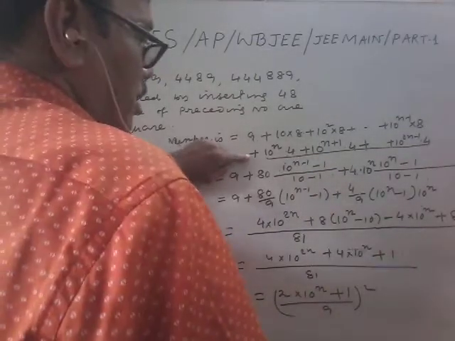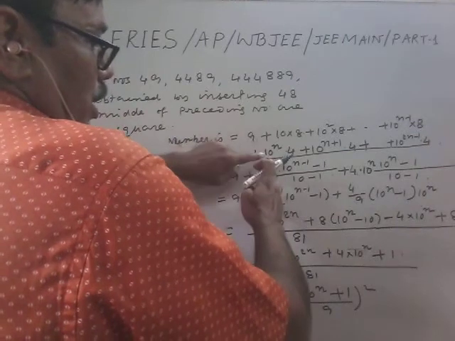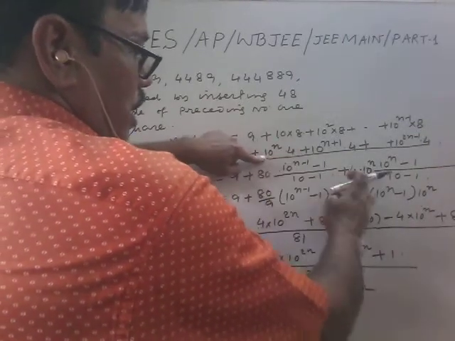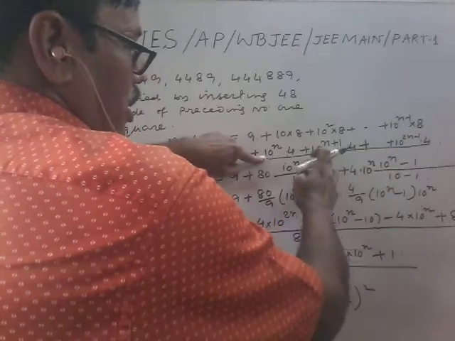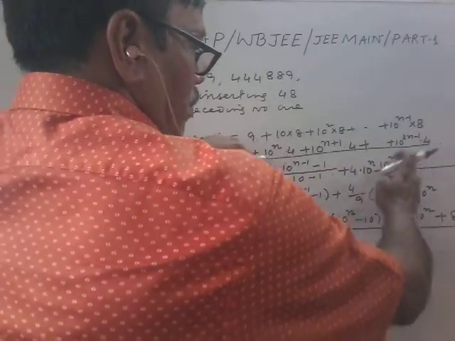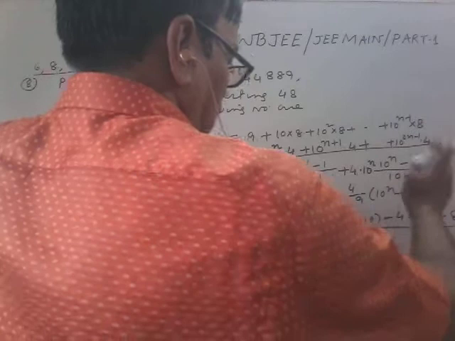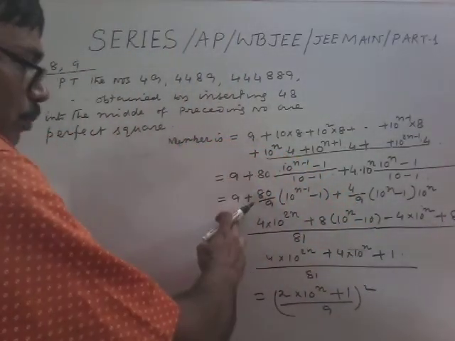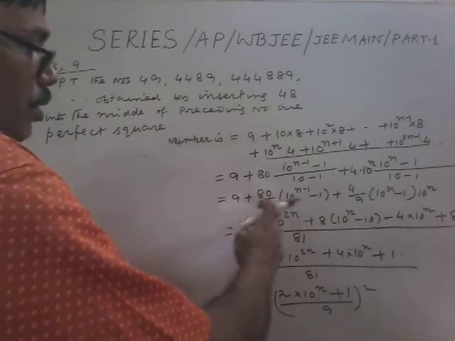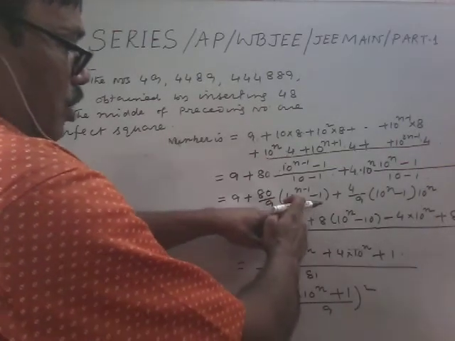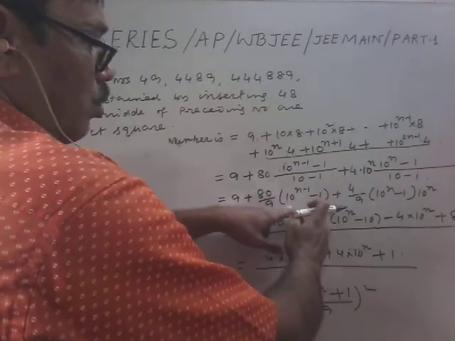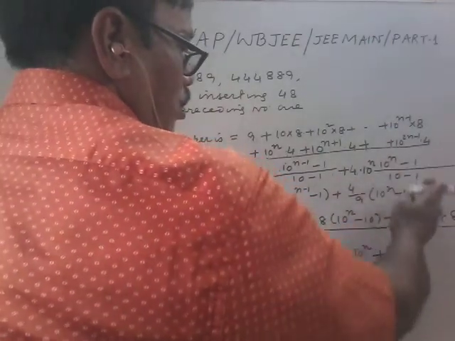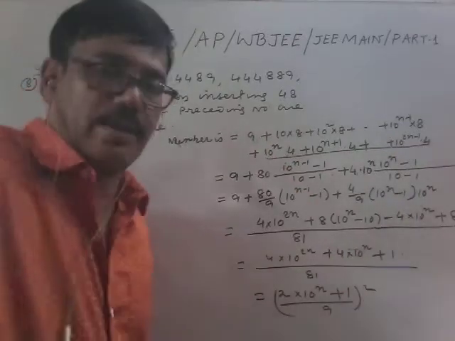And for the second series, look, first term is 10 to the power n, 4 common, so a is 10 to the power n, ratio is 10, so 10 to the power n minus 1 by 10 minus 1. So 9 common, 9 plus, look, 80 by 9, 10 to the power n minus 1 minus 1. This is 4 by 9, 10 to the power n minus 1 into 10 to the power n.